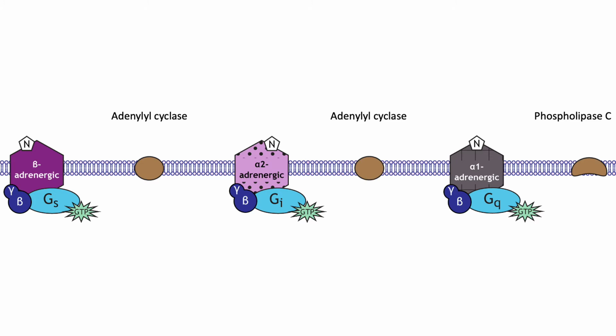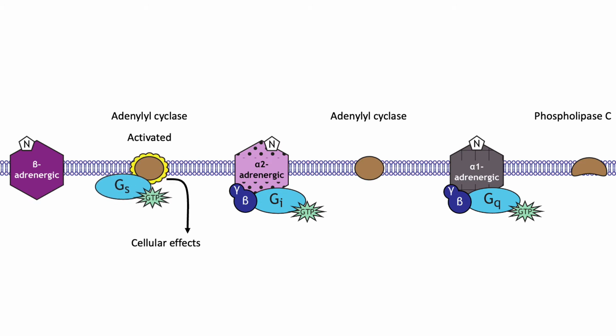For example, norepinephrine can act on either alpha or beta adrenergic receptors. Beta adrenergic G-protein coupled receptors couple to a stimulatory G-protein, or GS, which initiates the cyclic AMP second messenger system by activating the enzyme adenylyl cyclase.